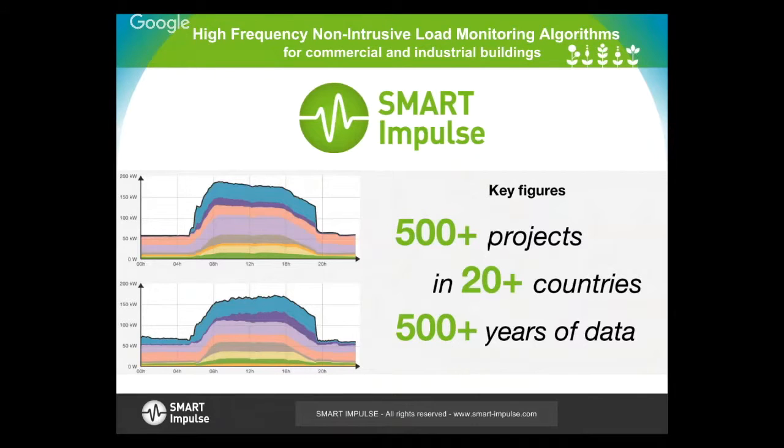So far, we have collected 500 years of high-frequency data on which we validate the disaggregation technology. We've been certified by a third-party lab at an accuracy of 95 to 99% on the field, not in the lab, to deploy in large buildings, and today in 20 countries. Thank you.